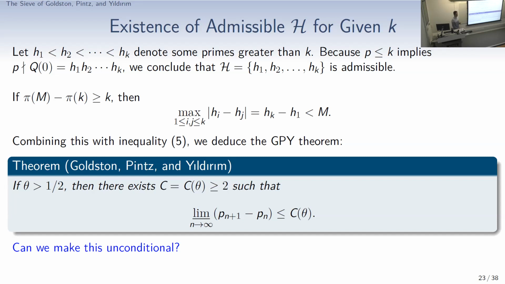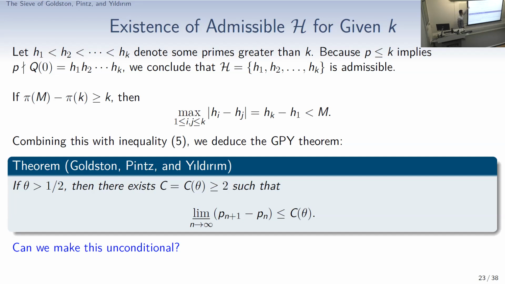So that's the case for p greater than k. And when p is less than or equal to k, we can analyze the case separately. If we plug in n equals 0 into the expression, whenever p is not a prime greater than k, it will not divide all those primes, because those are prime numbers greater than k, certainly not divisible by a number less than or equal to k.